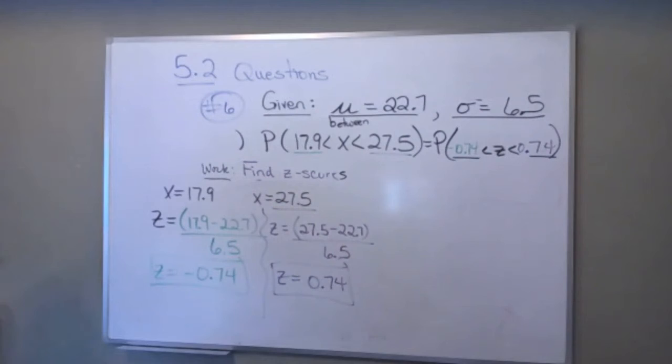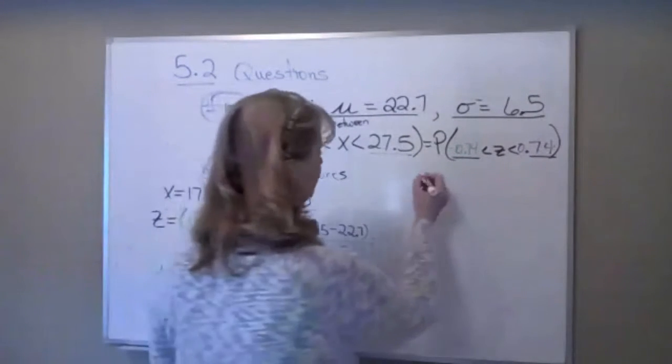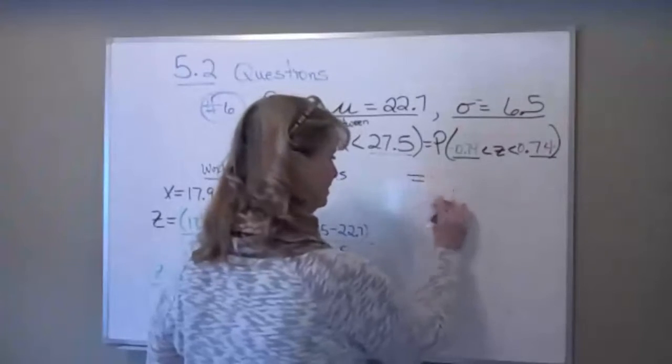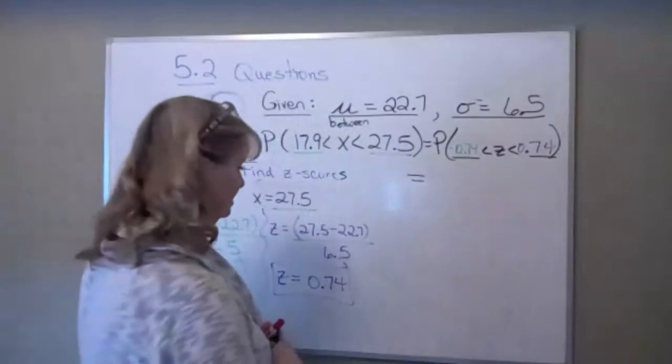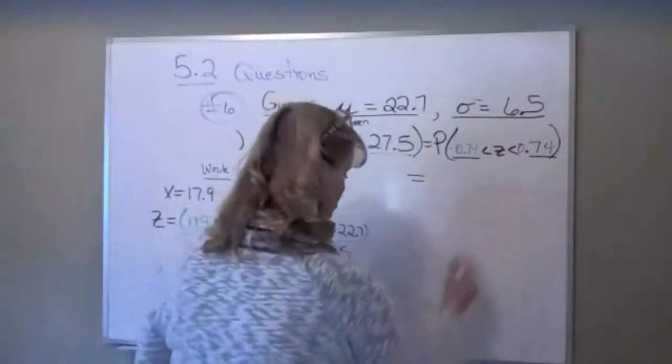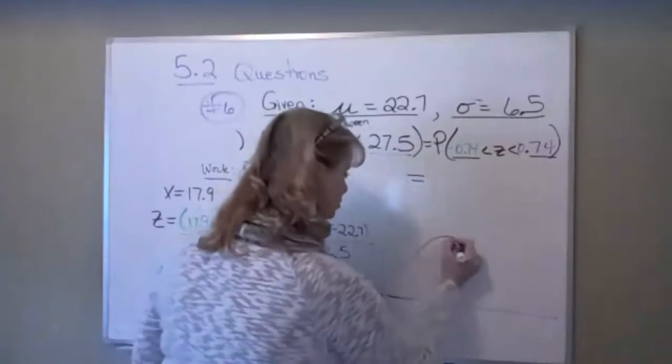Let me get out all my colors. So we're going to find this, and I'm going to show my calculations here. I'm going to draw my picture down low so I can put my calculations here. So down here, I'm doing z's, draw my picture.